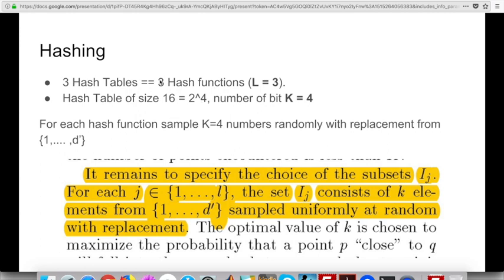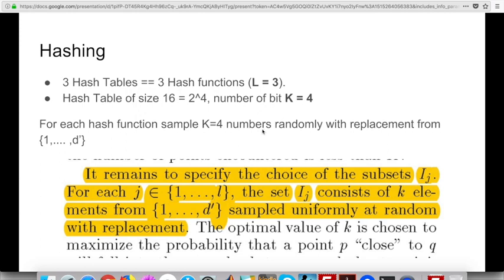These numbers are user defined. There is no particular rule to set these numbers. There are some heuristics, but for this example, I'm going to use these relatively simple numbers. So right now, the number of hash tables L is equal to 3, and each hash table has 16 entries, which means that every entry is represented by 4 bits.